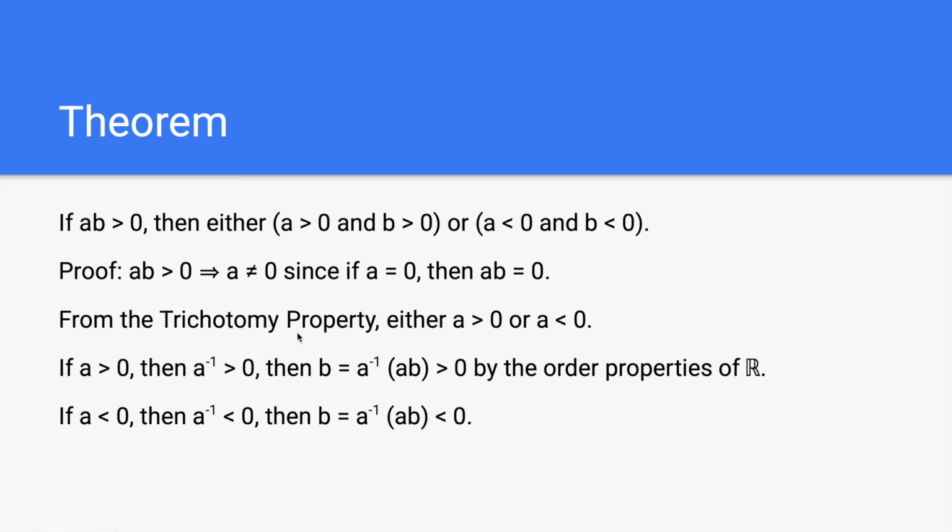From the trichotomy property, either A is greater than 0 or A is less than 0. If A is greater than 0, then A inverse is greater than 0. Then B equals A inverse times AB is greater than 0 by the order properties of R. If A is less than 0, then A inverse is less than 0. Then B is equal to A inverse times AB, which is less than 0.